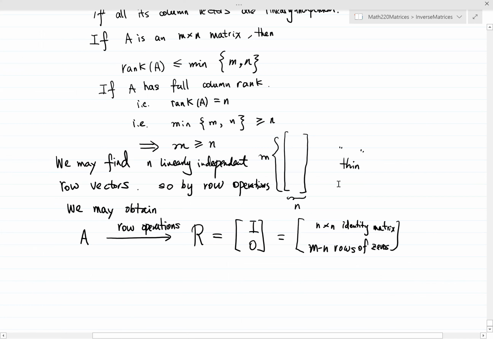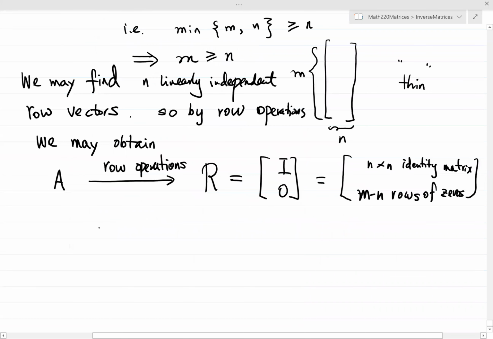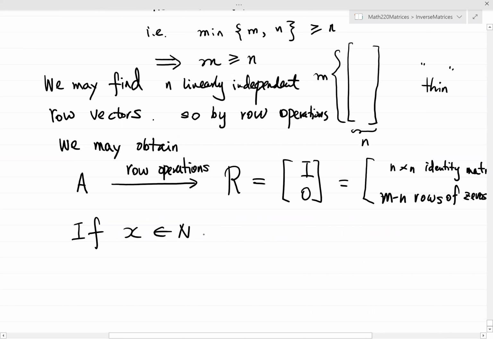Now we look at the null space. Remember, the 3 row operations are invertible. So if x is in the null space, this is equivalent to Ax being 0.